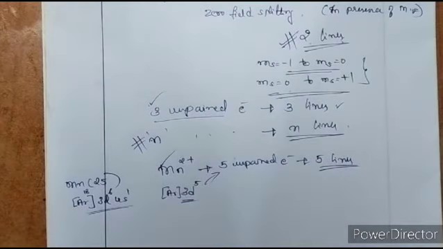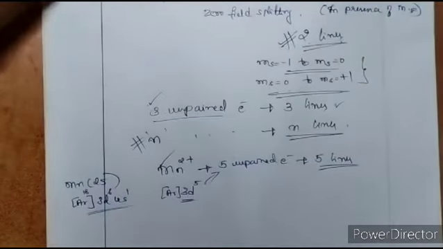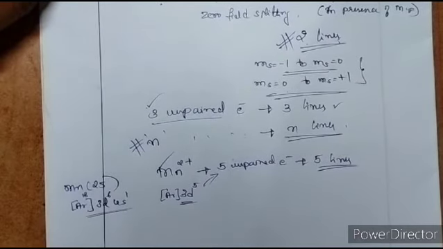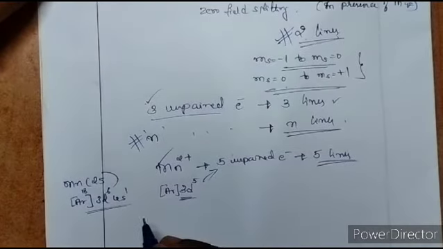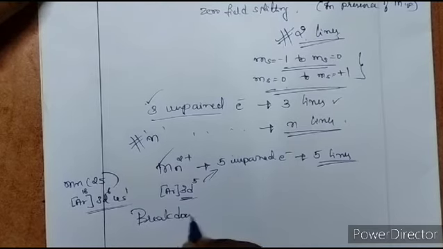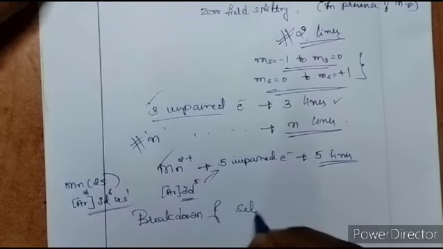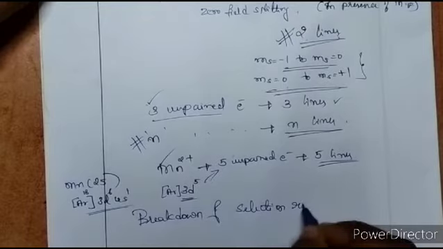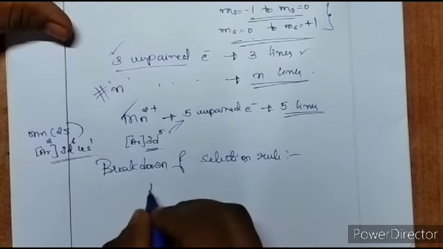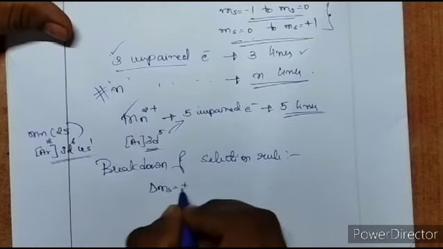Now we have a new transition here. There is a possibility of another transition, that is, a possibility of breakdown of the selection rule. What does breakdown of the selection rule mean? Initially we had the selection rule delta ms is equal to ±1.